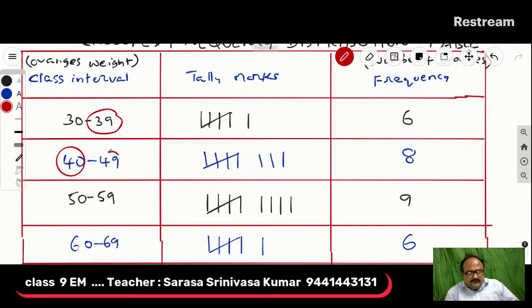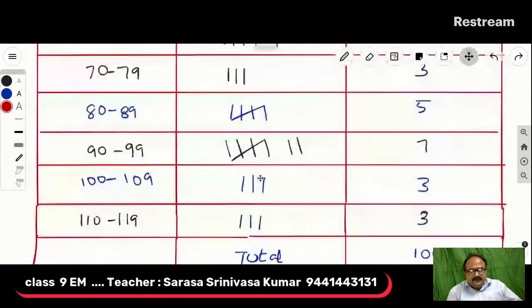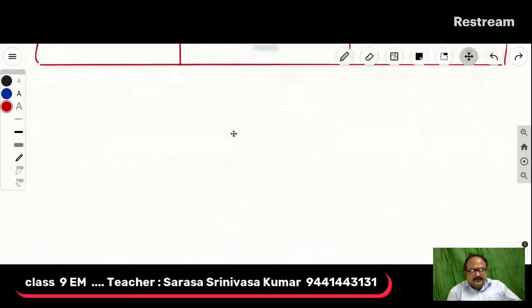Here also 49, and the next class interval lower limit is 50. For the next class interval also 59, 60. So such limits have a gap of 1 here.